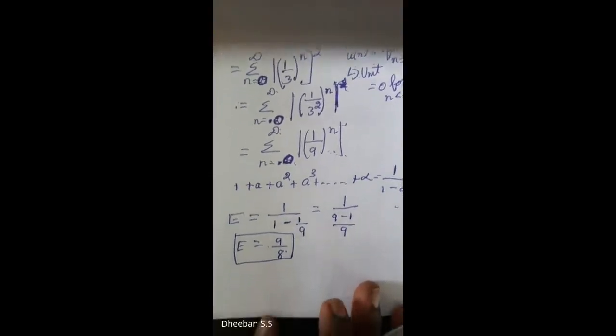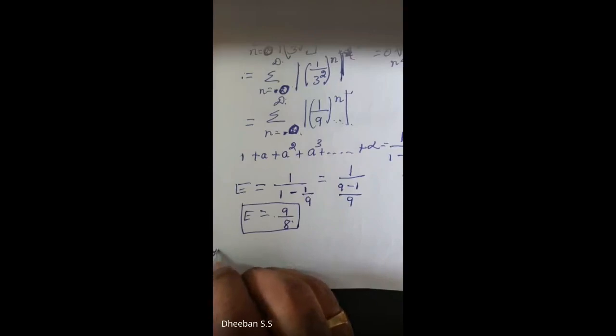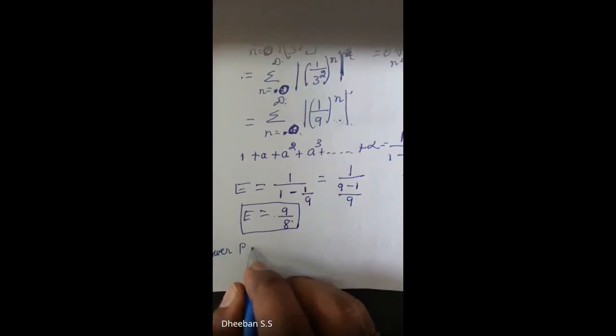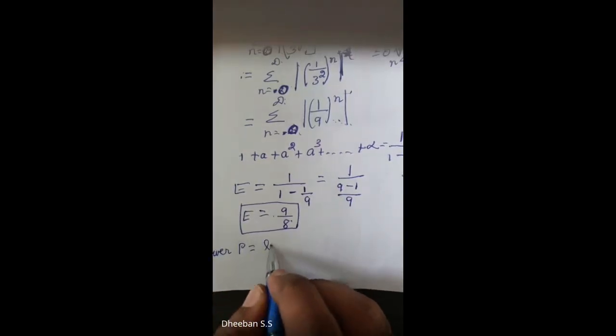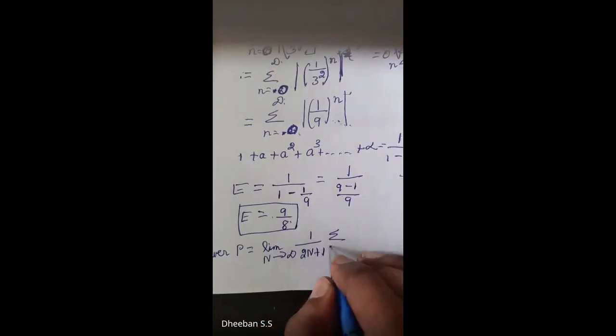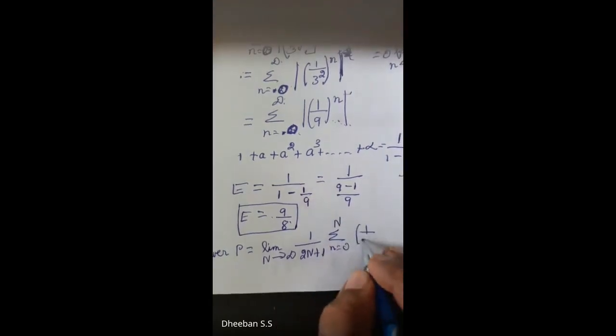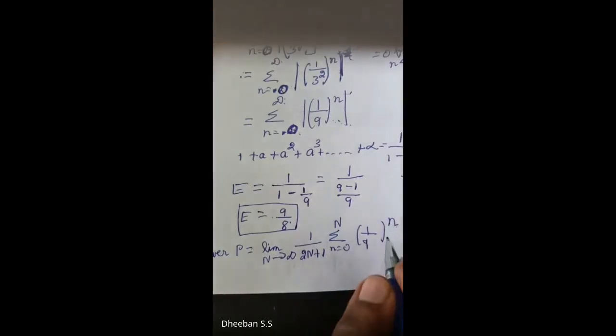Now we'll move on to the power. The power P formula is P equal to limit capital N tends to infinity, 1 by 2N plus 1, summation n equal to 0 to capital N, (1/9) the whole power n. Again you have to go with the formula.